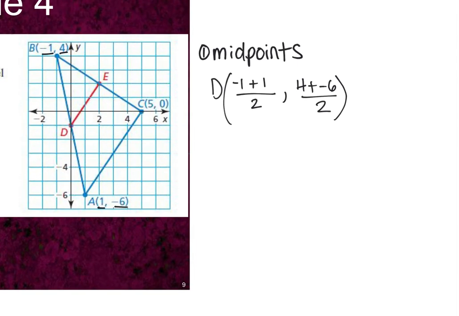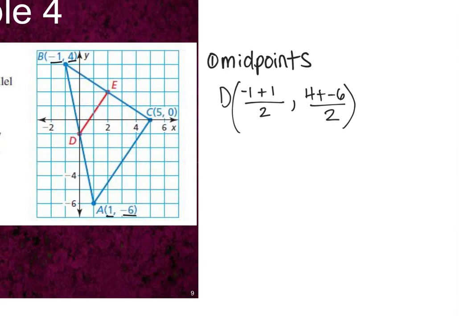Based on our test results, we're pretty comfortable with the midpoint. Is anyone still not that comfortable with midpoint? It's basically the average of each of the coordinates, so we're finding the average. We should get that D is located at 0, comma, -1, which is exactly where D is on our graph. So that's a good check.